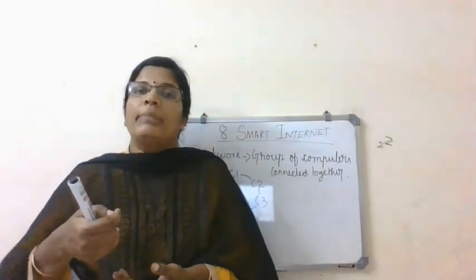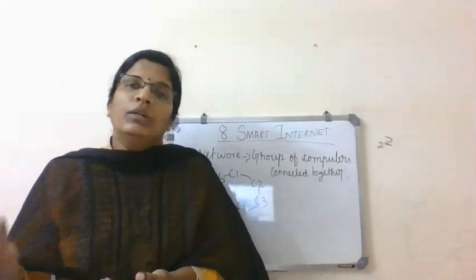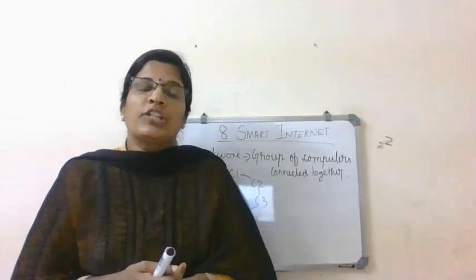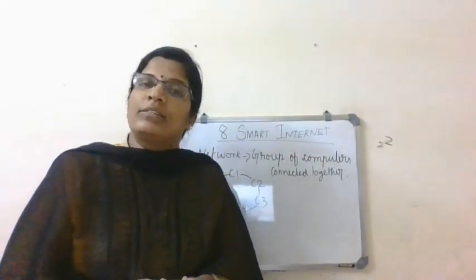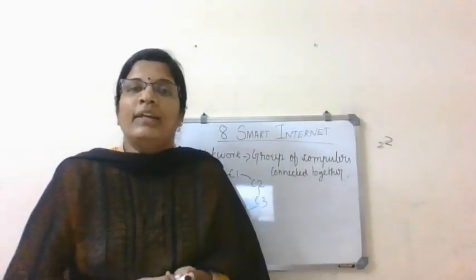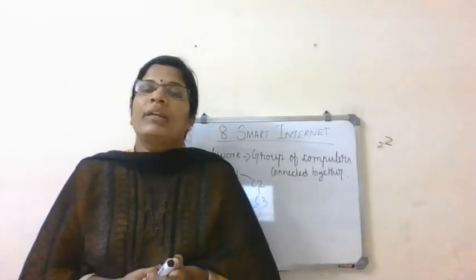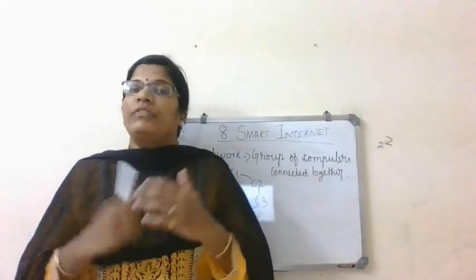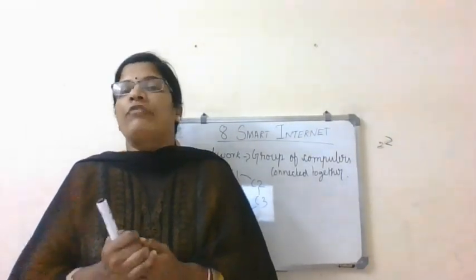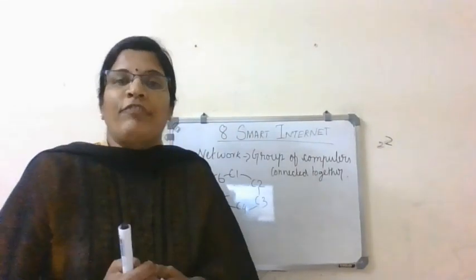You connect cables from computer to laptop and transfer the data. Otherwise, you have to copy it to a pen drive and put it in the other device. That becomes a difficult task for sharing information. But if the computers are connected together, it will be easy for us to share information.